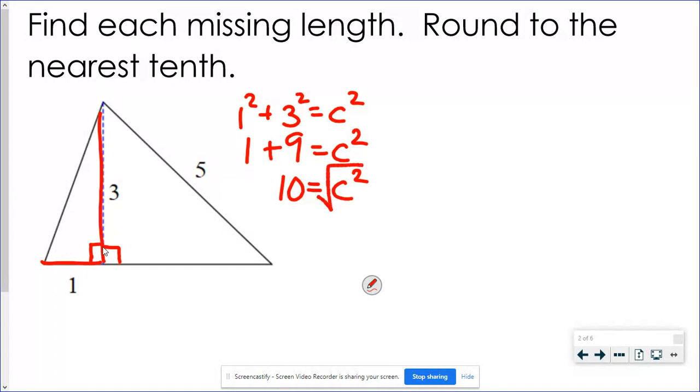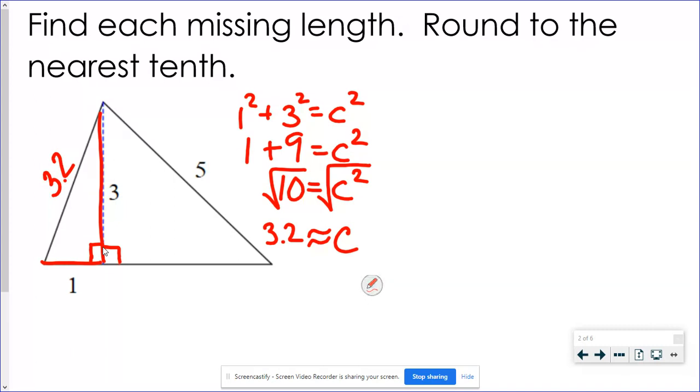I just want c, so I would take the square root. Remember, we don't really need the negative answer here, but the square root of 10 would be, I guess I should have put the c first, about 3.2 when we round this. So this side is 3.2 units, whatever those happen to be.